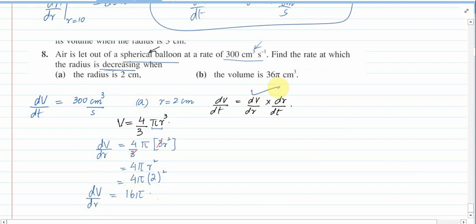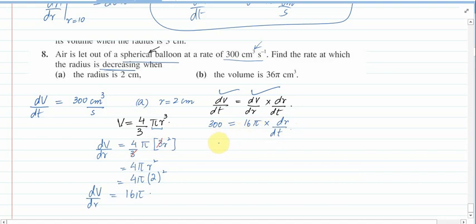Alright, dV upon dt is already given, that is 300 centimeter cube per second, and now we need to find dr upon dt. So I am just substituting values here. dV upon dt is 300, dV upon dr is 16 pi, and dr upon dt is what we need to find out. Now you need to simplify it.